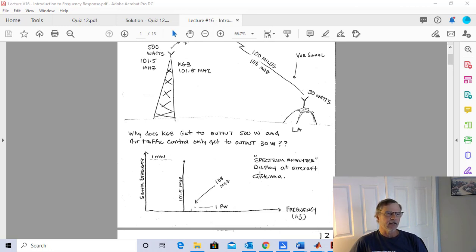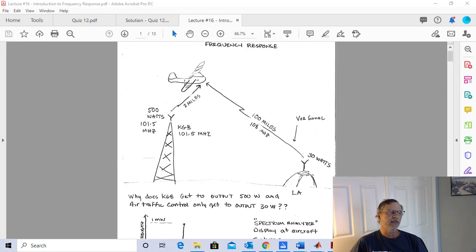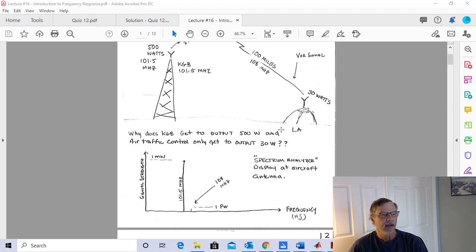We're going to look at this from the perspective of the airplane. And I'm going to show you a new instrument, which you can go out into the lab and find one of these. It's called a spectrum analyzer. And where an oscilloscope shows waveforms as a function of time, the spectrum analyzer shows signal power as a function of frequency.